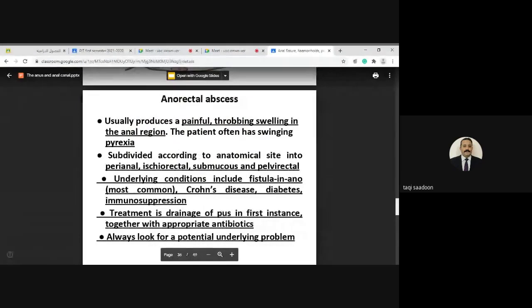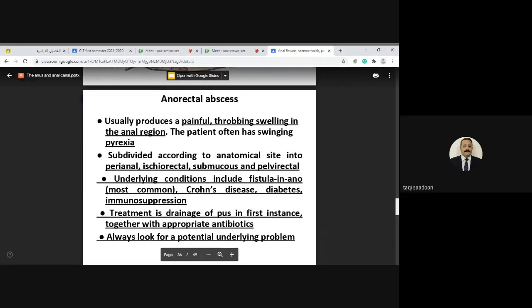Definitely, perianal abscess is painful. This is abscess, pus, and the pain is a throbbing pain in the anal region. This is very important. So usually a painful perianal condition is either anal fissure, perianal abscess, complicated pile, hemorrhoid, or maybe obstructed fistula.